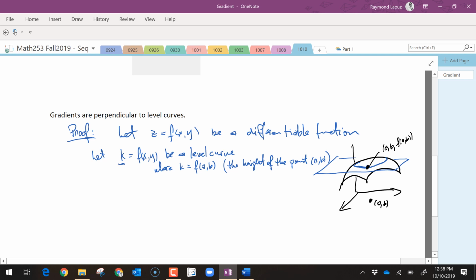Okay. So now what I'm going to do is parameterize that.